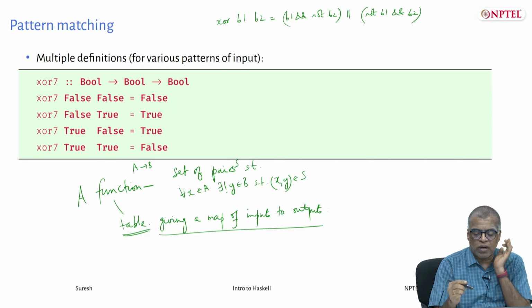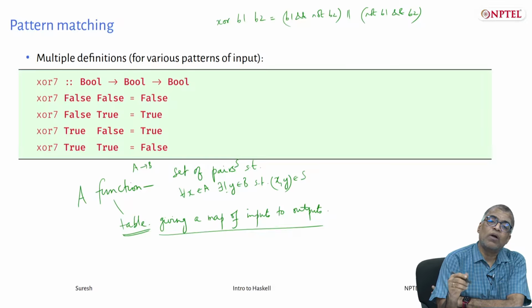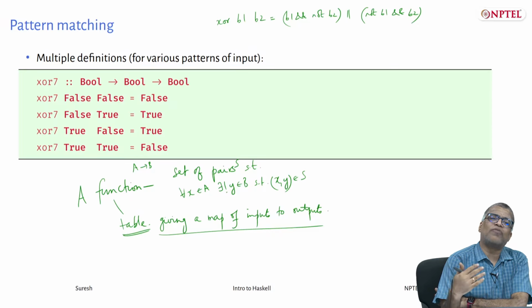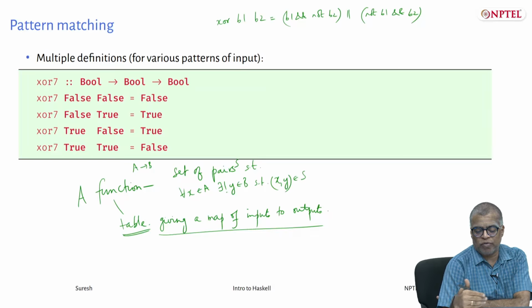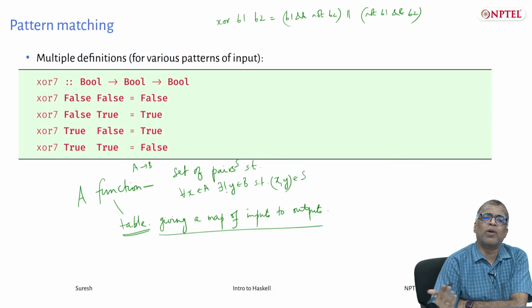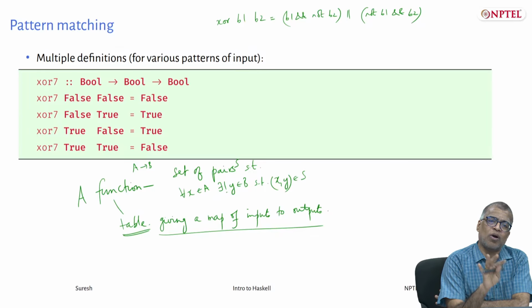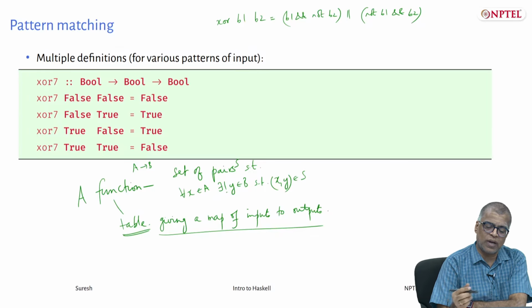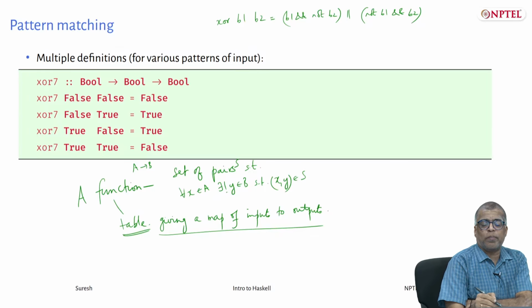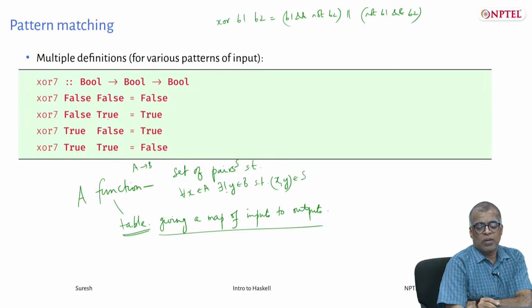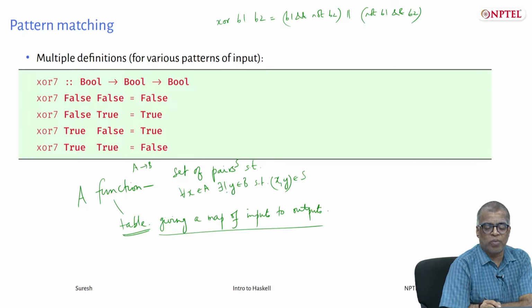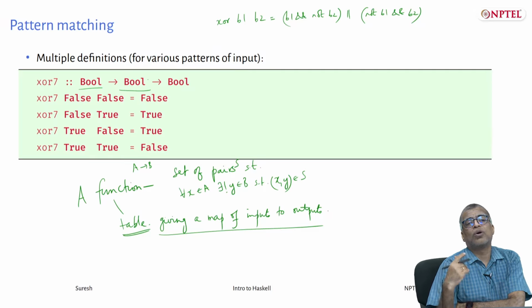So here Haskell allows you to replicate this definition of a function as a set of pairs by just giving a table of input combinations being mapped to outputs. So here are all possible combinations of inputs. There are two arguments, this is the first argument, that is the second argument, each is a Bool.